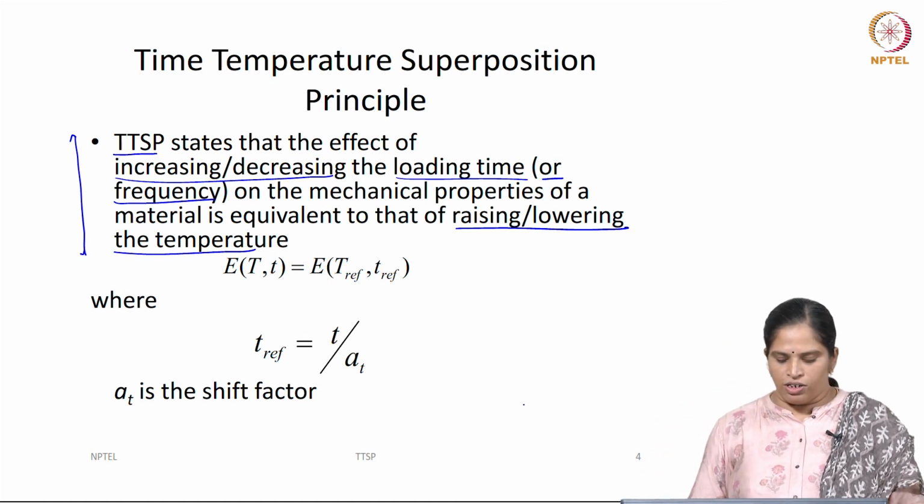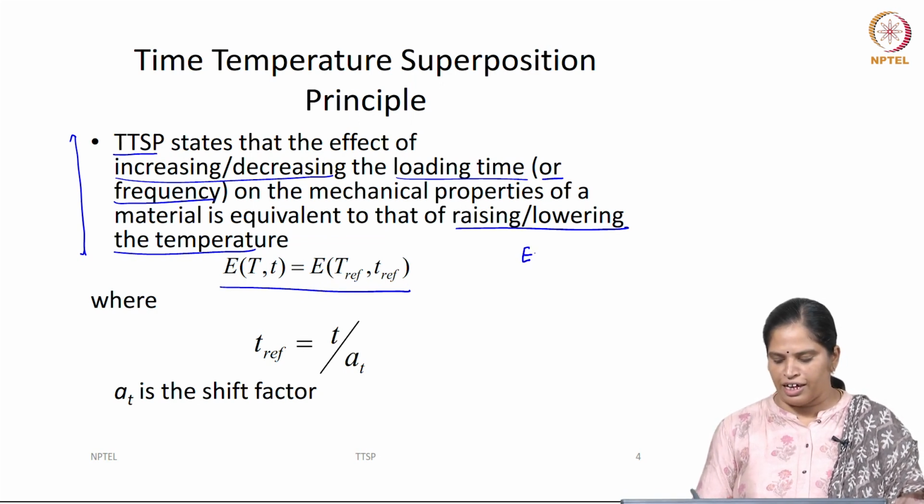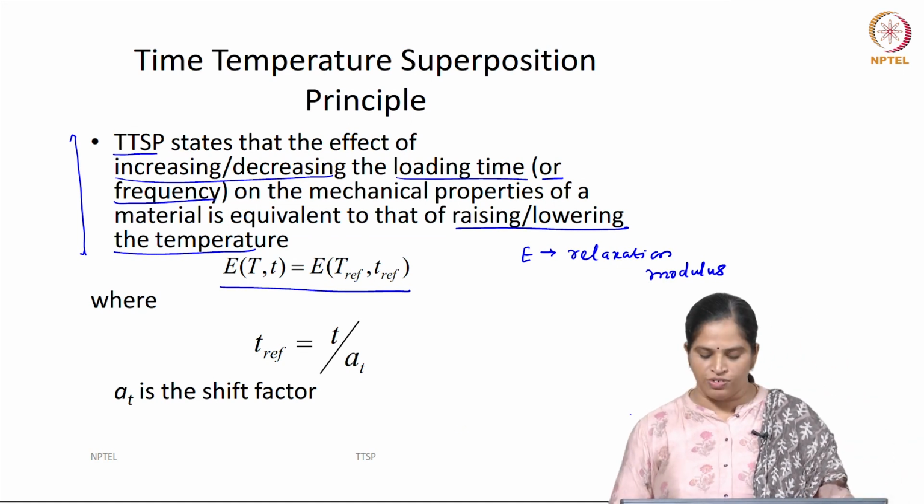So, in short you can write it as E. This E can be anything, E can be relaxation modulus, any material functions or any mechanical properties of a material.